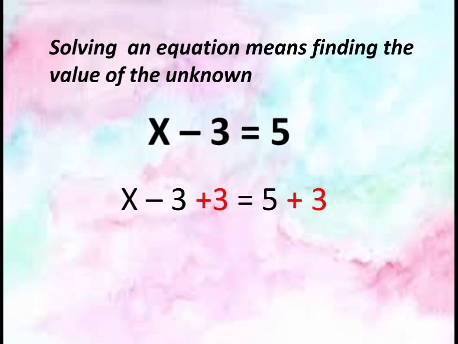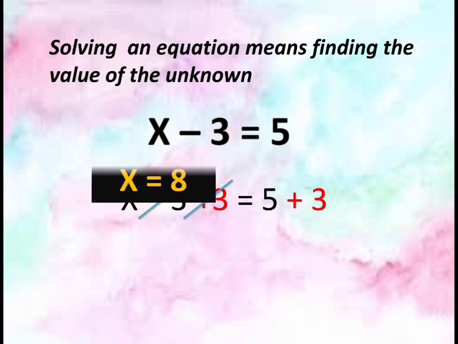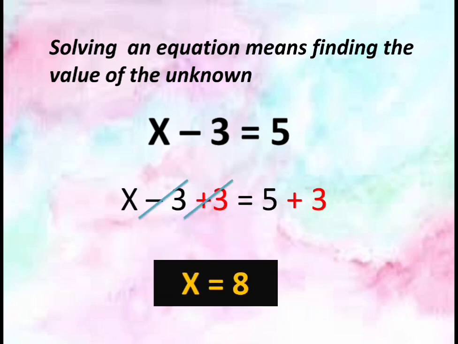So negative 3 and positive 3 on the left hand side cancel together, remain x, and 5 plus 3 equals 8. So x equals 8. To check, if I exchange x with 8, 8 minus 3 equals 5.